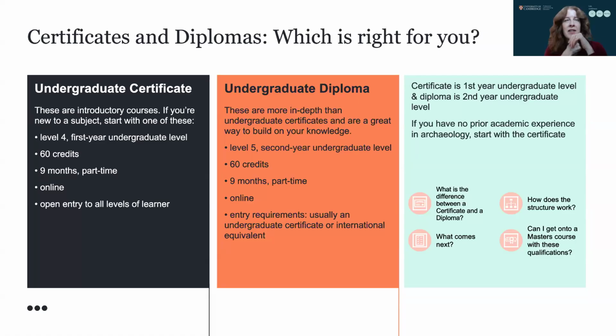Now, at certificate level, these are introductory courses, so you don't need to have prior study in archaeology before taking these. They're the equivalent of a first year of an undergraduate degree. And because you're studying part-time, 2 certificates would be equivalent to 1 year of full-time study.